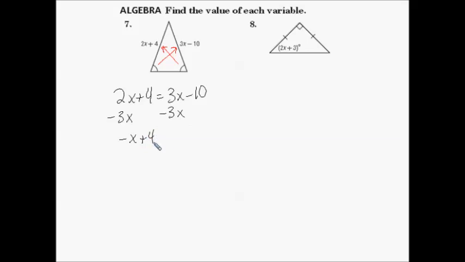It doesn't matter. Subtract 4 from each side, or add 10 if you did the minus 2x thing. If negative x is equal to negative 14, that means positive x is equal to positive 14. Okay, found x. There it is.